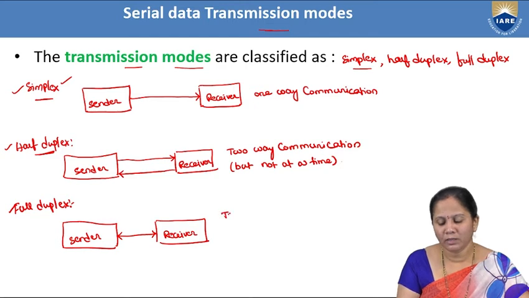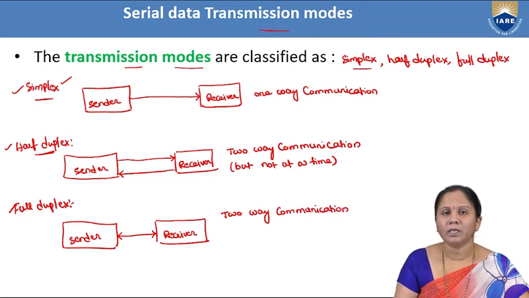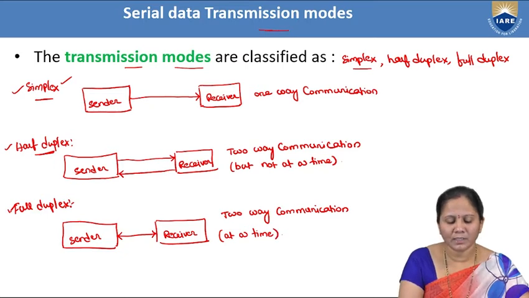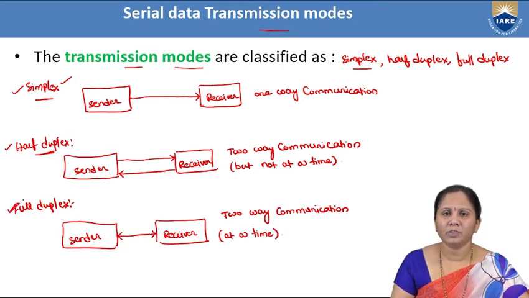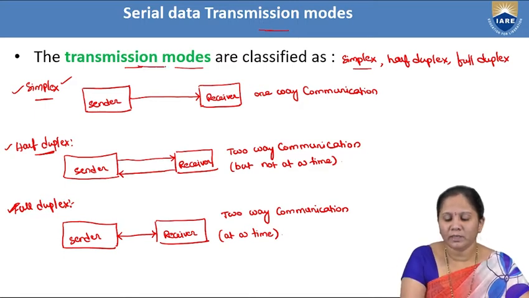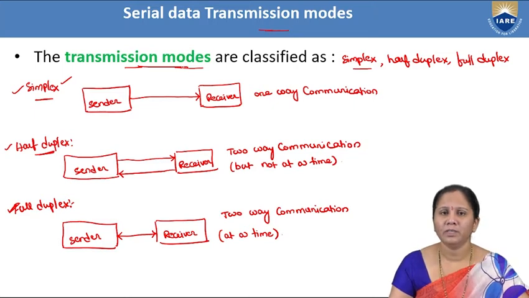So it is called two-way communication, and the communication will be performed between the sender and receiver at a time. The example that comes under full duplex communication is mobile phones. And these are different transmission modes of serial communication.